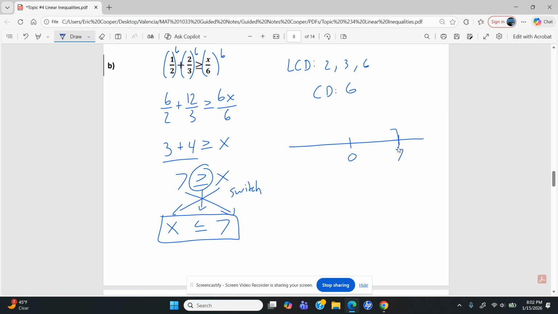It can equal it, so we'll put a bracket. We want all the values that are less than it, so we're going to shade it all the way to the left. In interval notation, 7 is the biggest number, and we can include it, so it gets a bracket. It's going to negative infinity, because it's going to the left forever, and infinities always get a parenthesis.